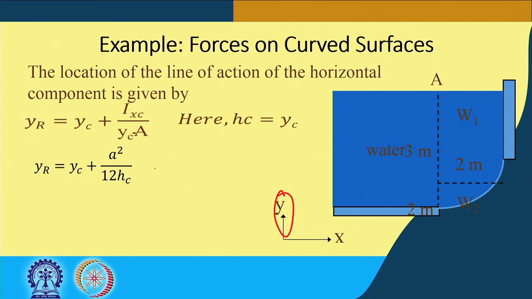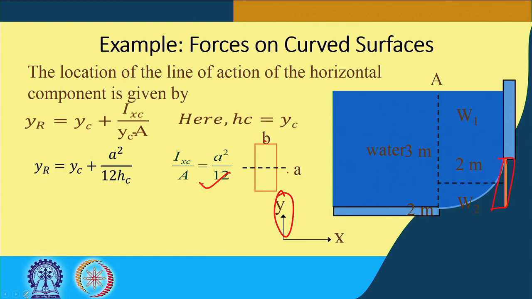which will come out to be A square by 12. If you assume B and A as this, IXC by A is going to be A square by 12, as I have already indicated before.